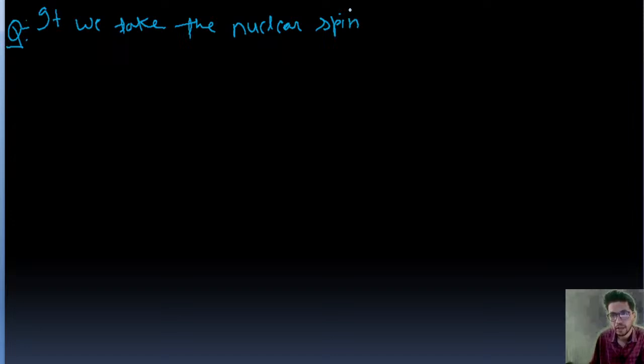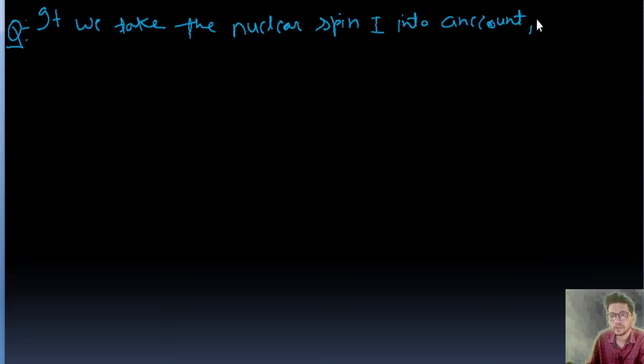This question is from atomic and molecular physics. So if we take the nuclear spin I into account, okay, so we are considering the nuclear spin also, right? That's what it is saying.